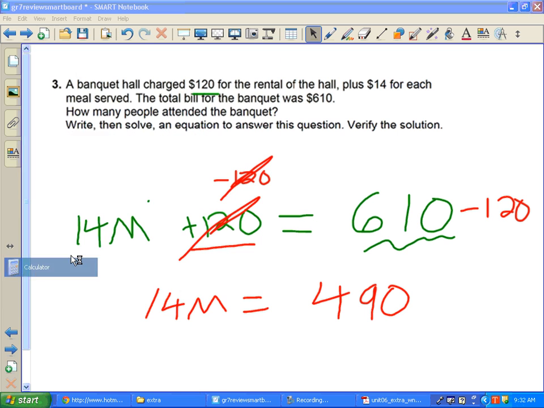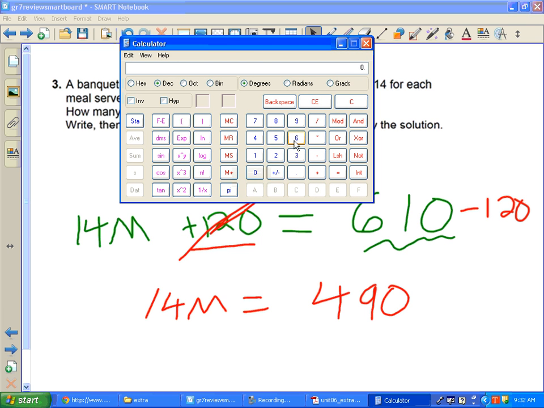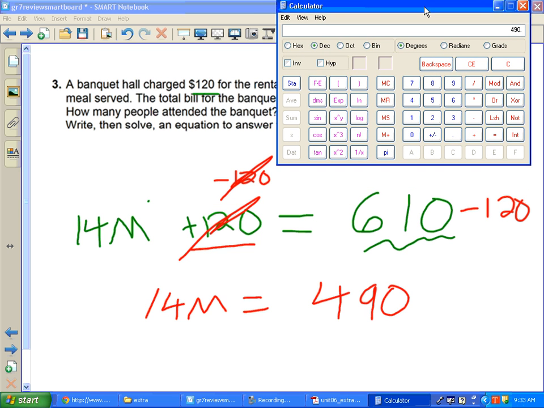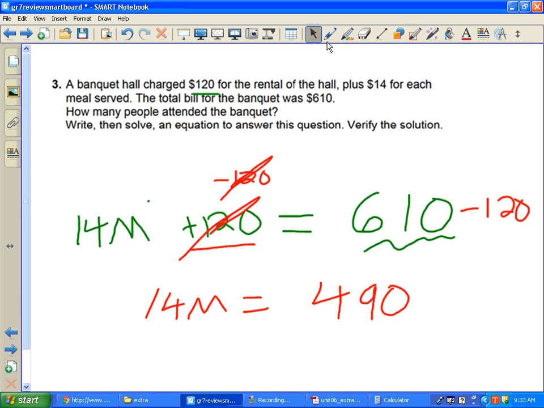Now I'm going to double check that just to make sure. So I've got 610 subtract 120, and the answer is 490. So the only thing we've got left to do is we've got a 14 in front of the m. Now that's really 14 times m.